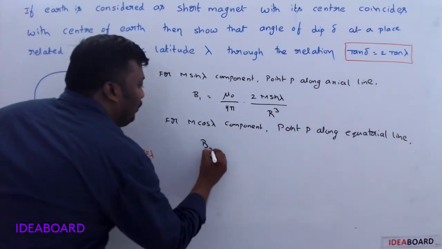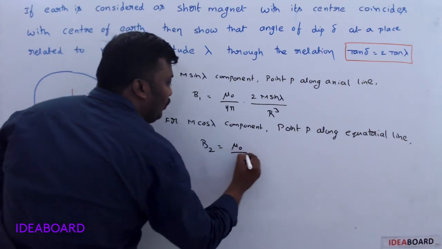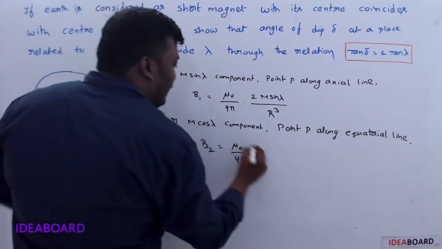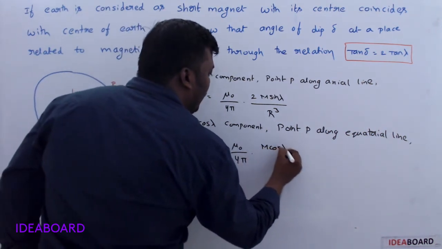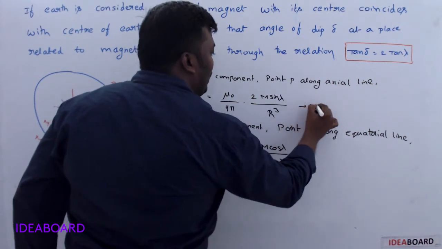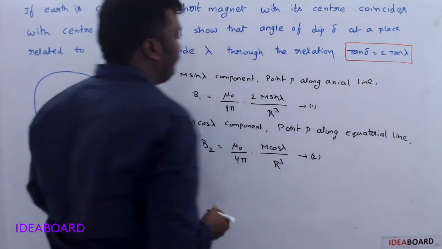So the value of B2 is mu naught by 4 pi into m cos lambda by r cube. Let these be equations 1 and 2.